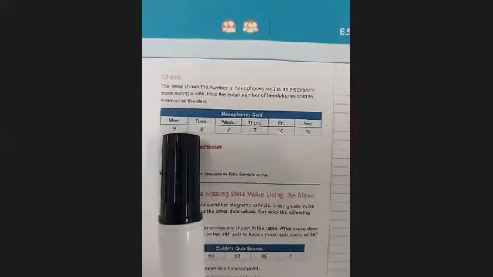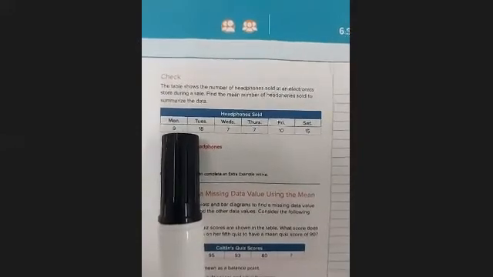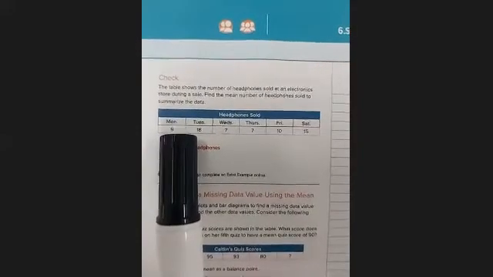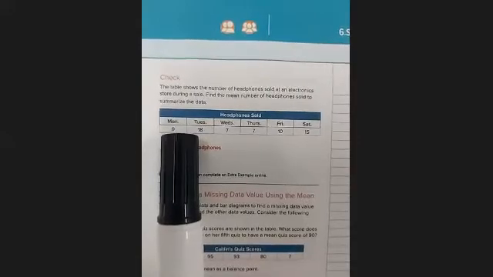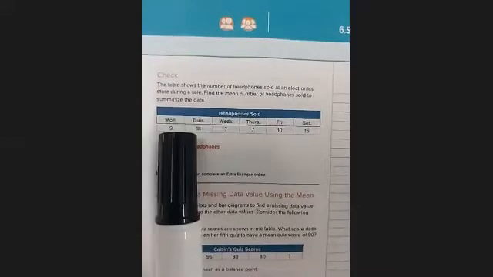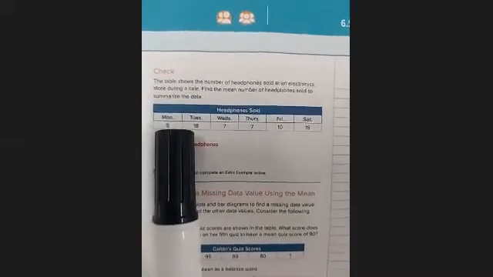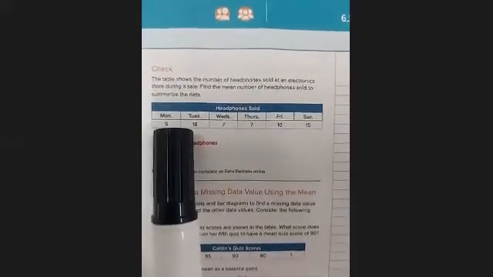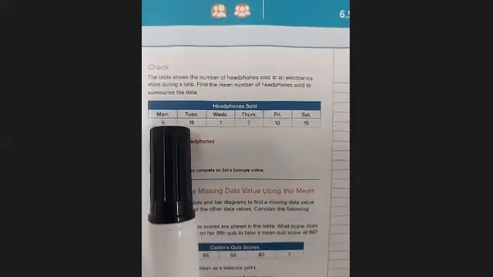Find the mean number of headphones sold to summarize the data. Good. So on Monday they sold how much? 9 headphones. On Tuesday, 18 headphones. Wednesday 7, Thursday 7, Friday 10, and Saturday how much?